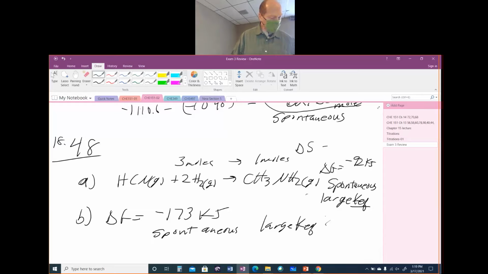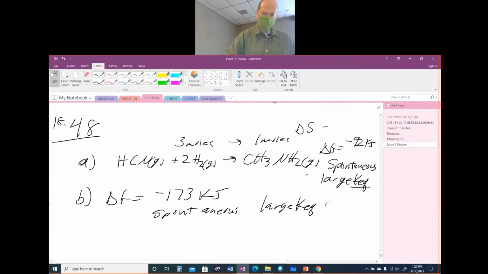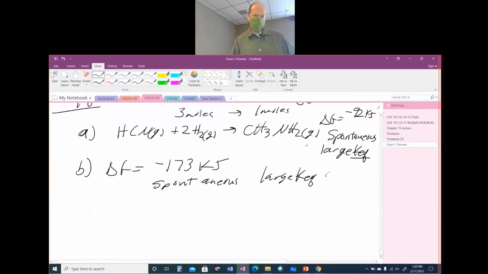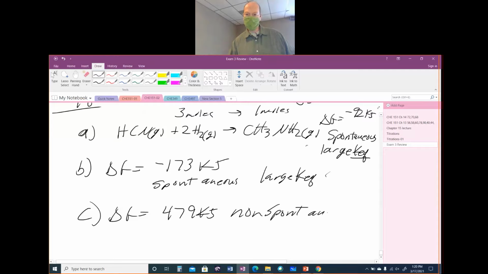All right, for part C, we have a positive delta G, 479 kilojoules. So that is non-spontaneous. That means you're going to have a very small KEQ. All right, so that means you're going to have very few products.